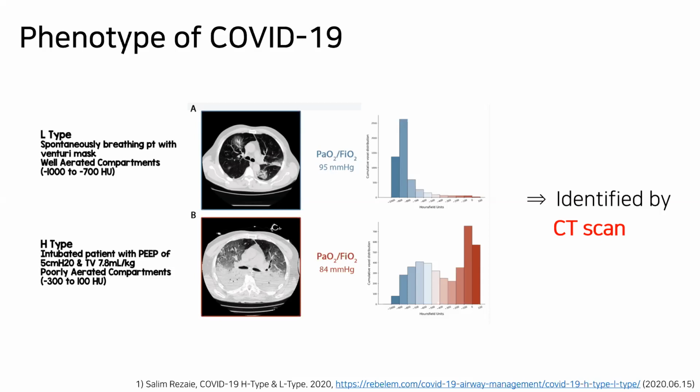That is the symptom explanation of the lung: those lungs cannot transport the oxygen from the air to our body. Those kinds of phenotypes can be identified by CT scans, and some computer scientists are developing algorithms to differentiate them by CT scan image. Thank you for listening.